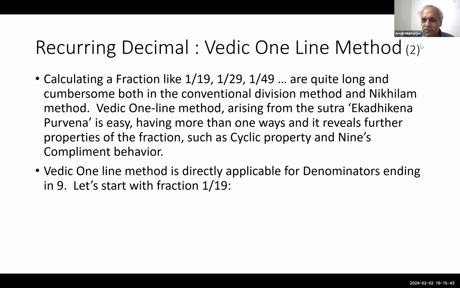If we find that it is not coming, what do we put there in the quotient? 0. So first we put 0. After that, with the remainder, we put a decimal point, and to the right of the remainder, put 0.